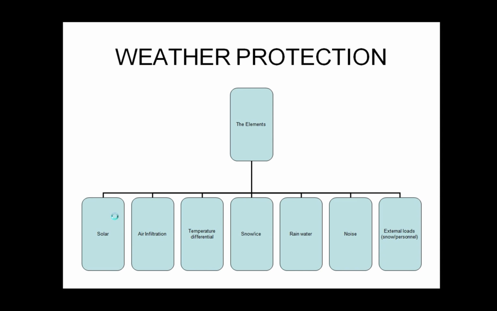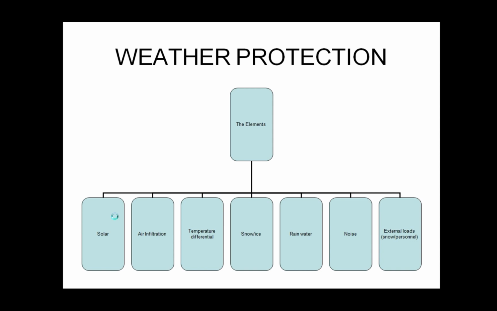So the things we're trying to protect against are obviously solar rays, lighting, glare, outside air or polluted air infiltration, particularly if you're in the city. Exhaust and stuff tends to carry upwards, and you want the air within your building to be clean so that you're not sitting there inhaling exhaust all day.